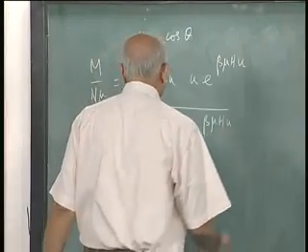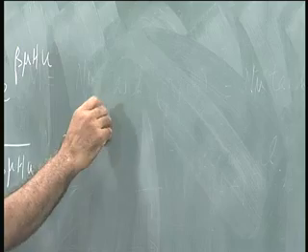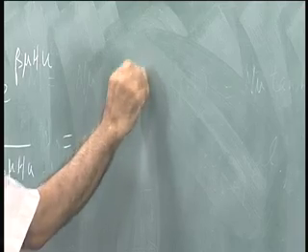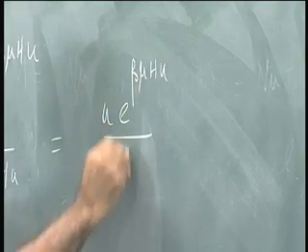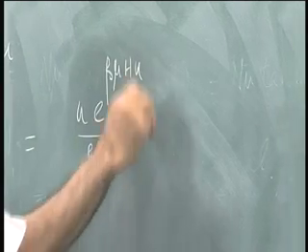So this is equal to, integrating by parts, u e to the beta mu h u over beta mu h. I am slow at this, so let us do it very slowly.